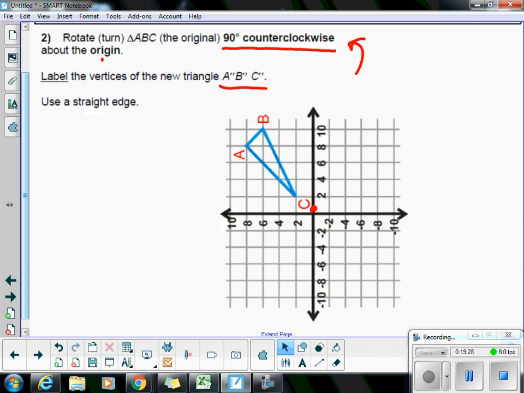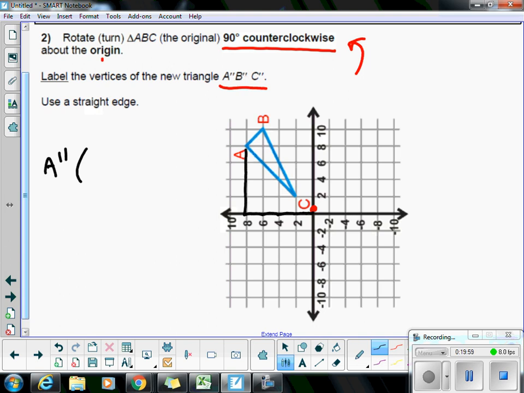So I'm going to label all my points as if they're in the right spot right now. I'm going to ignore the numbers that are on the x and y axis because I know that when I go left, that means it's negative, or when I go down, that's negative, or when I go right or up, that's a positive number. So I'm going to go ahead and list them. So starting with A double prime, I go left, 1, 2, 3, 4, and then up, 1, 2, 3, 4.